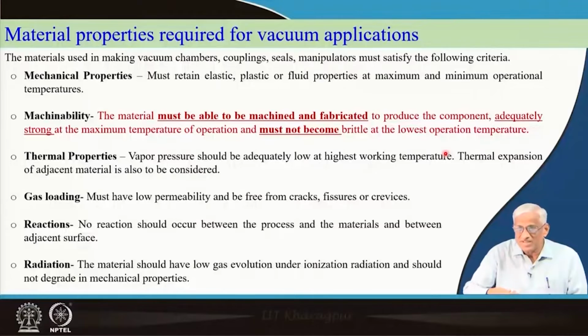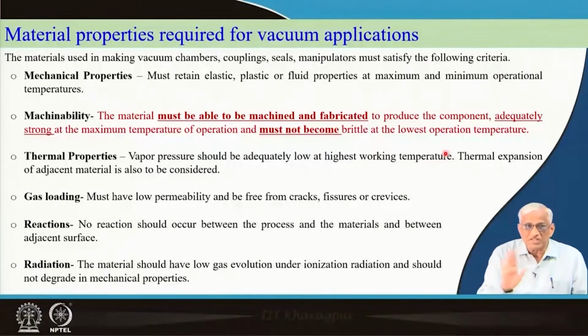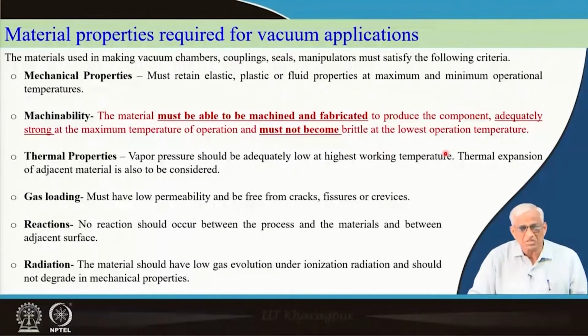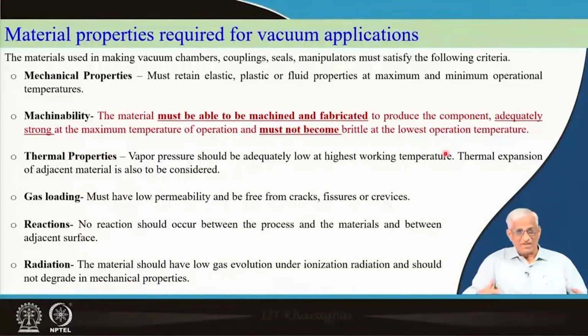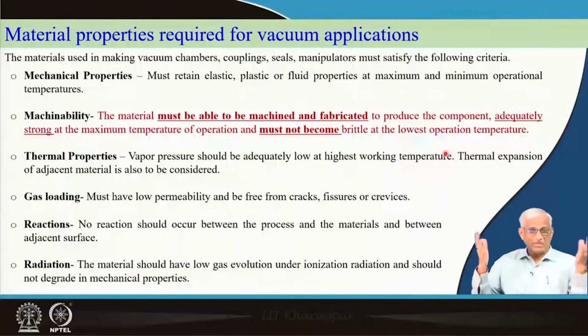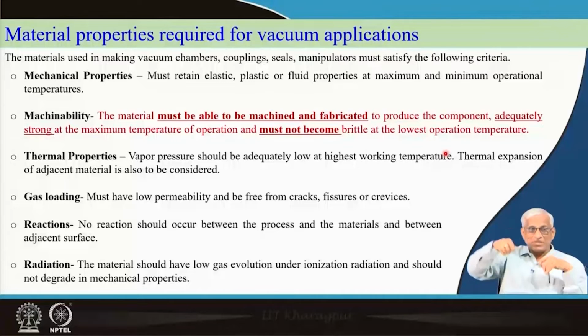When you machine the inner side of a pipe which is facing the vacuum side, the machining should be done with high precision. That means, the surface finish at the end of the machining must be very good. You should be able to see your face, it should look like a mirror, though it is a stainless steel piece. Why? The apparent area, that 2 pi r h on the inner side of a vacuum pipe, should be the actual area at atomic scale.